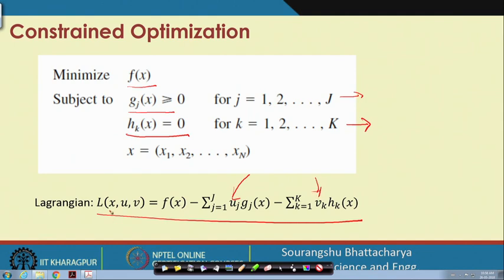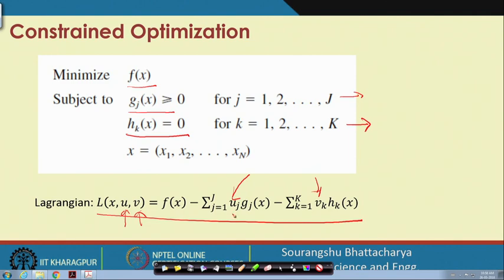So, in addition to x, the Lagrangian function is also a function of these vectors u and v, which are also called Lagrange multipliers, and these extra variables penalize the violation of these constraints.